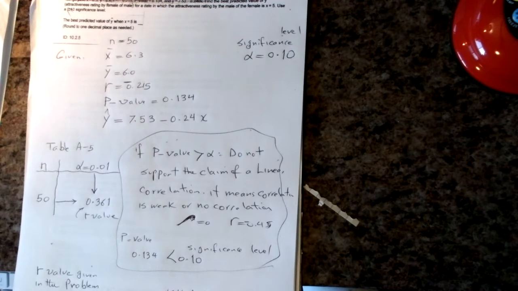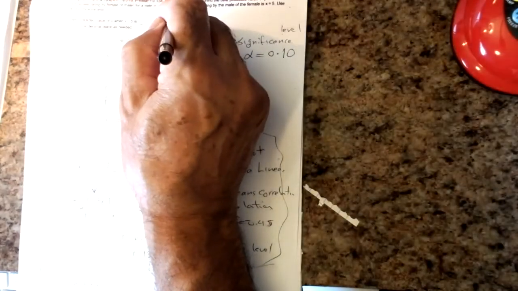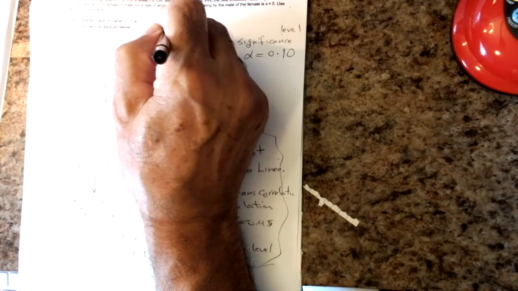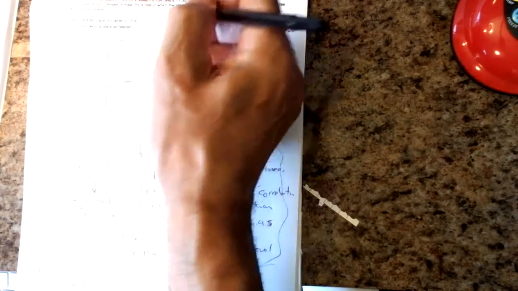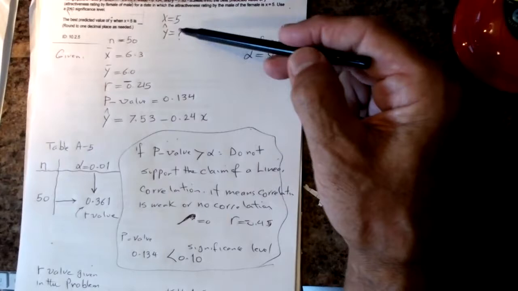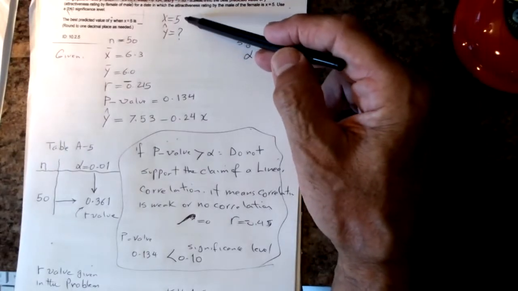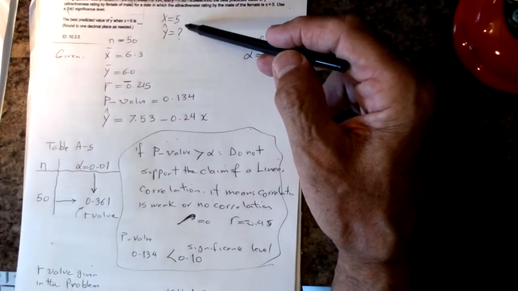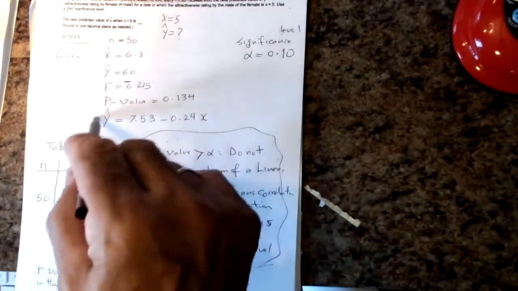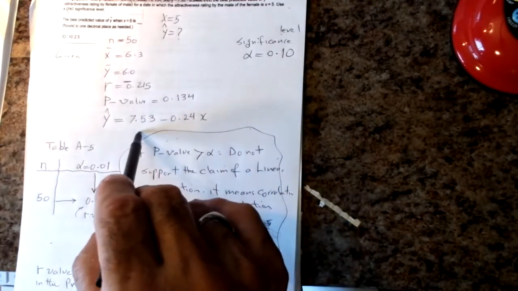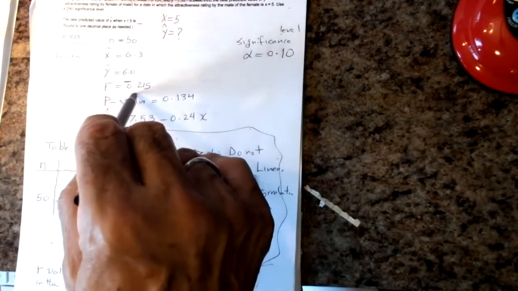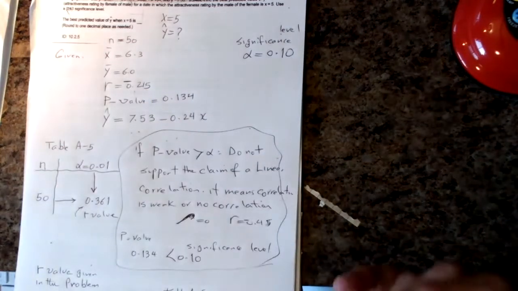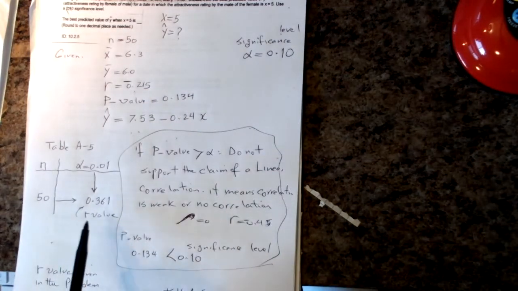All we are asking is, okay, x is 5. Find the y value. They're asking you to find the y value when x is 5. Although they give you the equation, this is the regression equation, do not use it. Why not? First, check to see if the R value given in the problem is greater than table A5 or not. It is not.